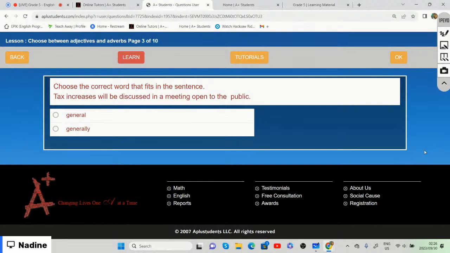So we can basically say it is the general public, because general is an adjective, it tells us about the type of public, and generally is an adverb. So general public.